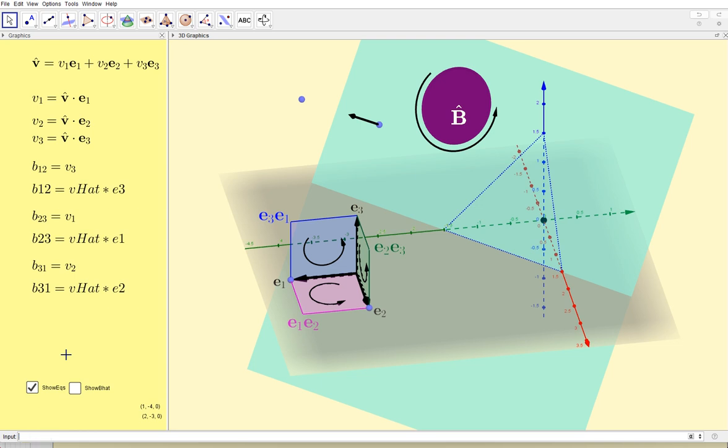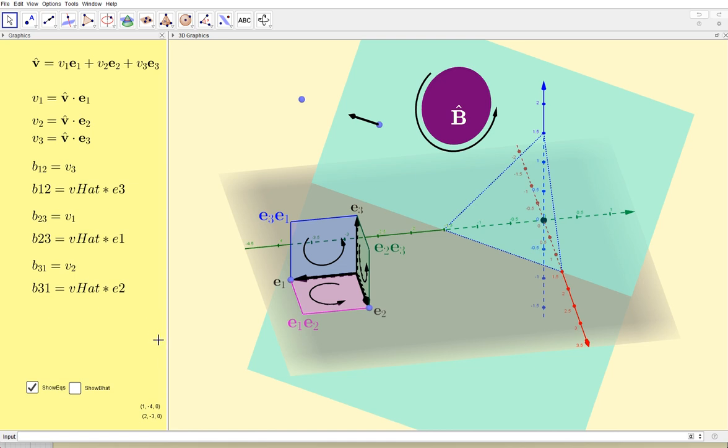Next, B23 is equal to v hat times E1. And B31 is equal to v hat times E2.